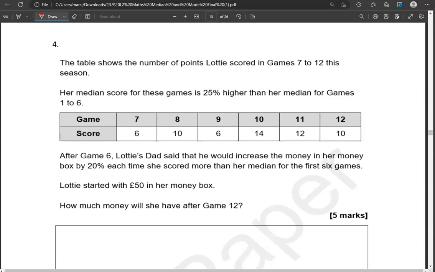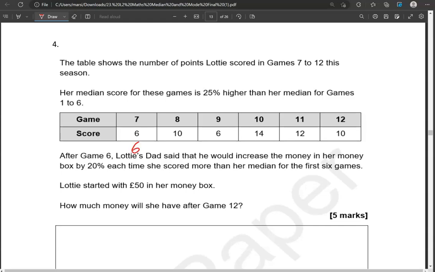So we don't know what the median was for games 1 to 6, and we're going to work it out. But we need to start with the median for the games 7 to 12. So the median for these, we're going to need to work out.